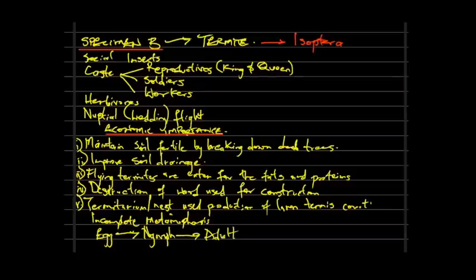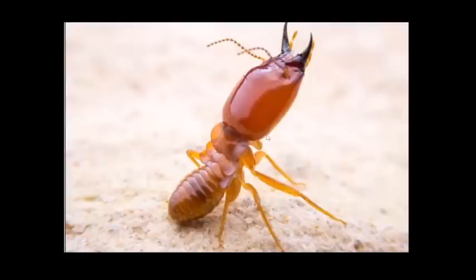That is their life cycle. It is at this adult stage that they differentiate into the 3 castes, which are the reproductives, the soldiers, and the workers.